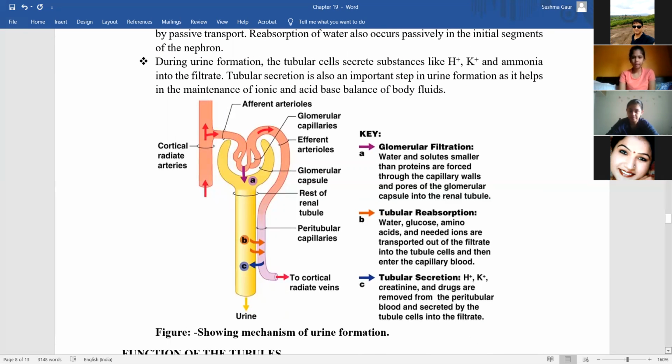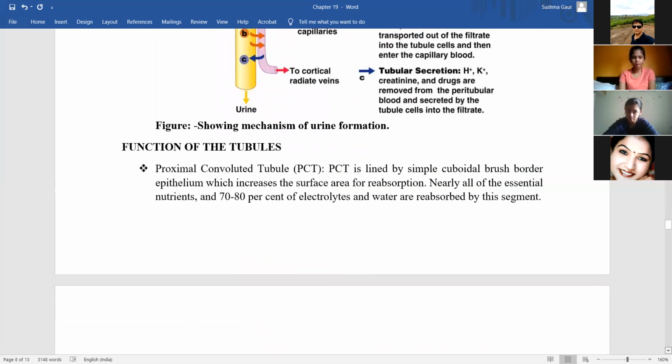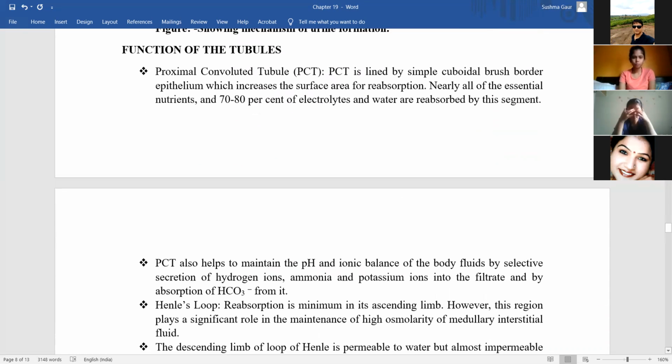Okay. So today we are going to start from the functions of the different tubules of the nephron. Do you remember the structure of the nephron, or should I show you that diagram again? Where is the proximal convoluted tubule present in the nephron? Is it clear to you, or should I show you the diagram?